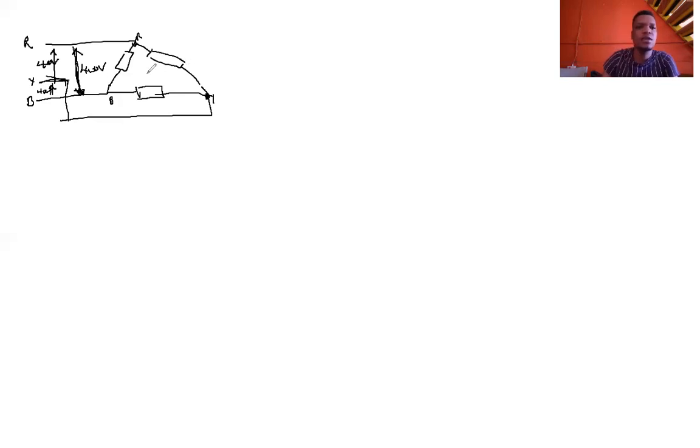Now we are told, let's say, that the phase current, the RB current that is flowing in this one, IRB, and then here IRY, and here IBY.